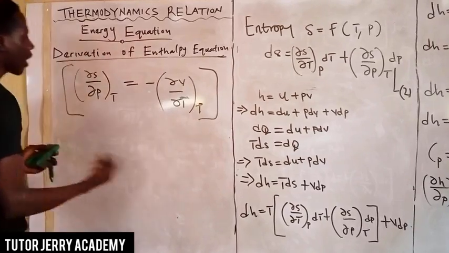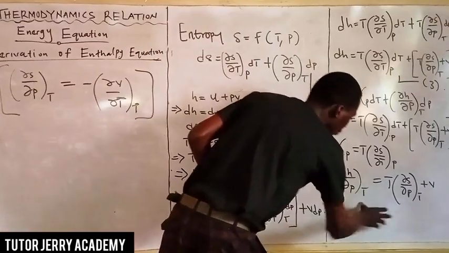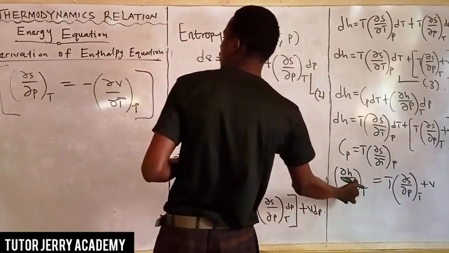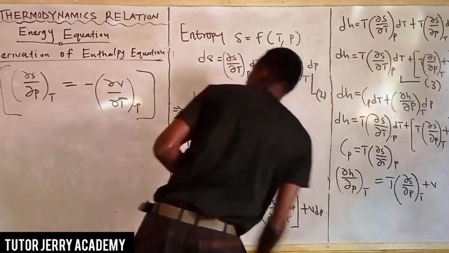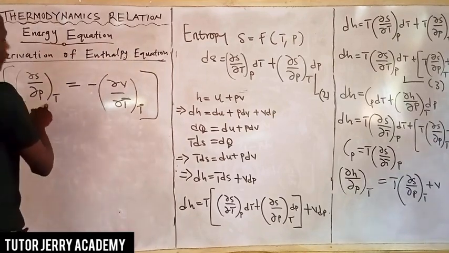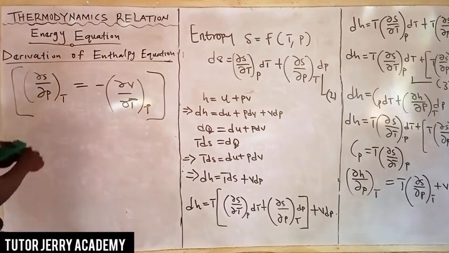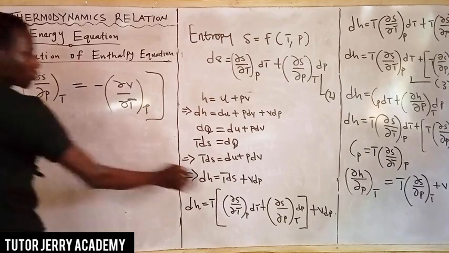So next, we compare this equation with this one. Here we have the partial derivative of S over the partial derivative of P, keeping T constant, and here we have the same. So we are going to substitute the value of this into this equation.